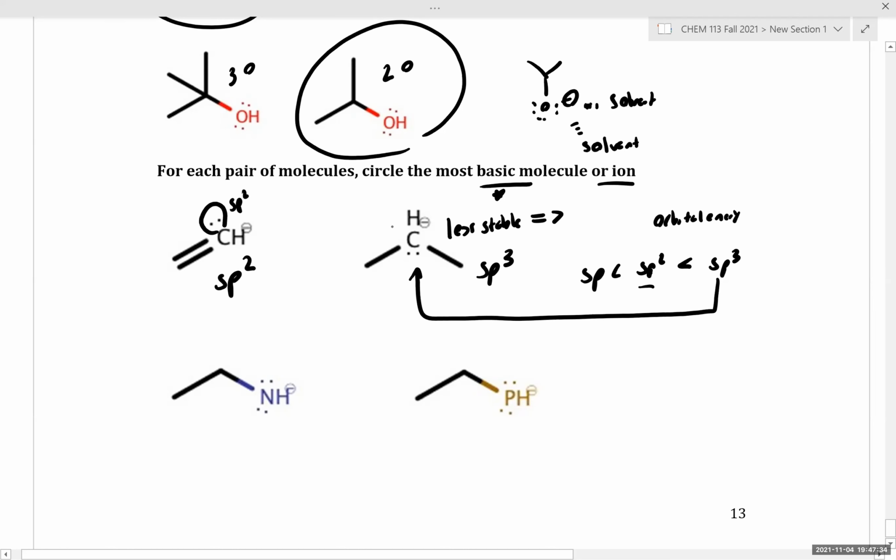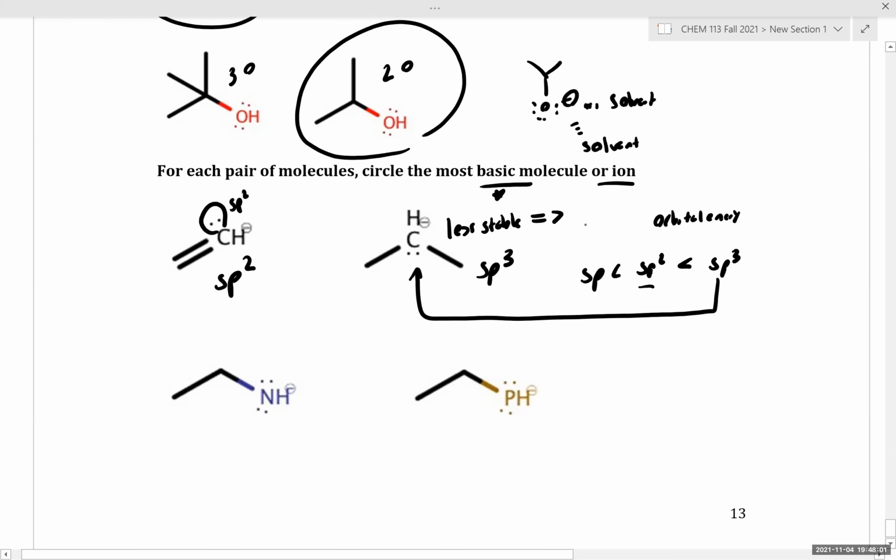Yes, the more basic. Looking at orbital energies, sp3 is higher in energy, so it's less stable. So because the sp3 anion is less stable, is it going to be... Perfect. So sp3 is the less stable and sp is the more stable.